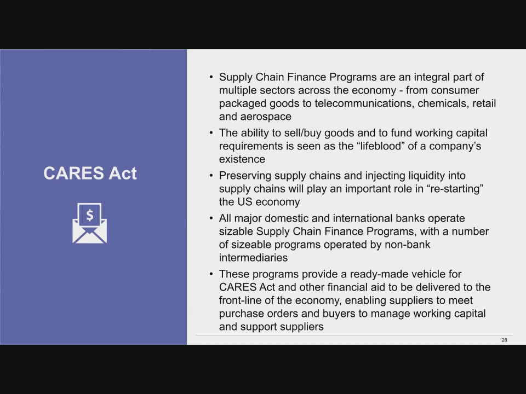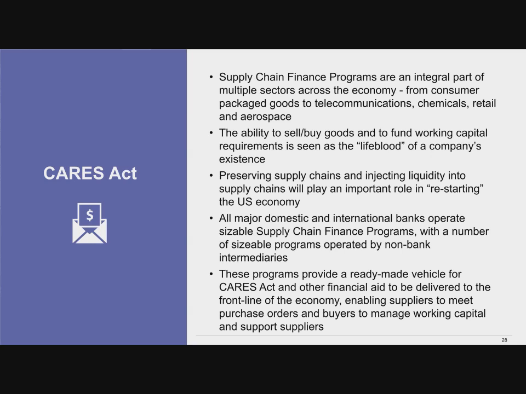They're incredibly efficient. They've operated for a number of years now, and most importantly, they enable companies at what I call the front end of the economy to obtain the working capital they need to produce goods and provide services.